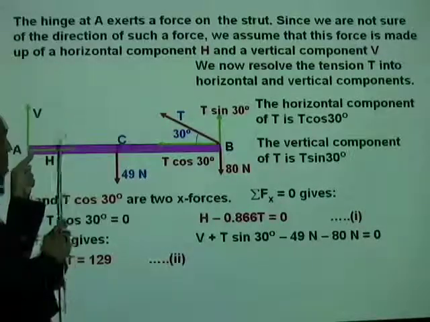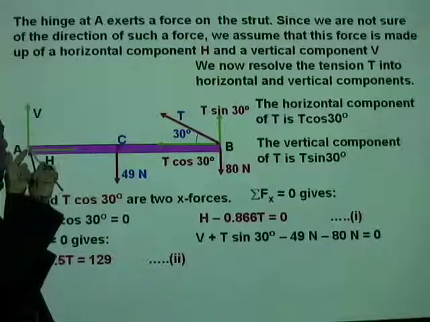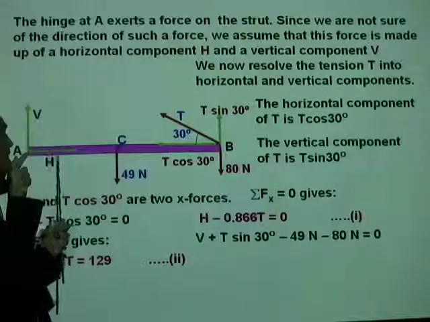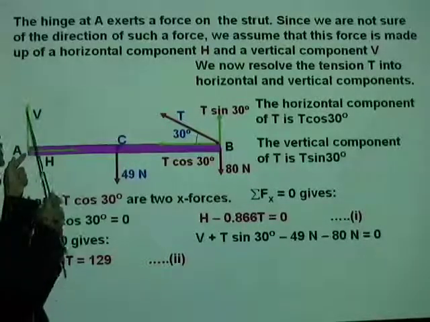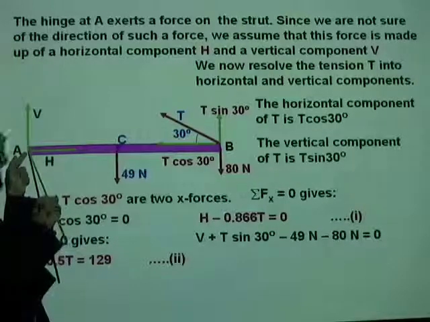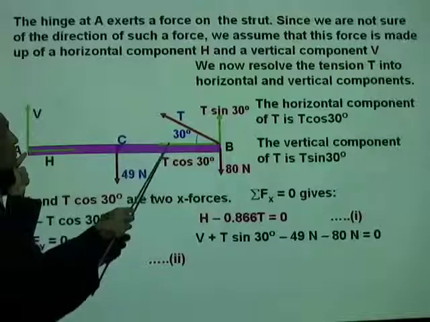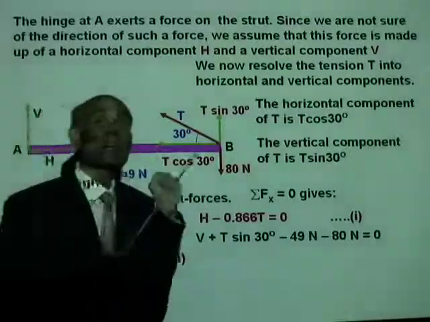That means, if you take the torques of all the forces about the point A, the torque of H will be 0. The torque of V about A will be 0. The torque of T cos 30 degrees about A will be 0. Look at that.